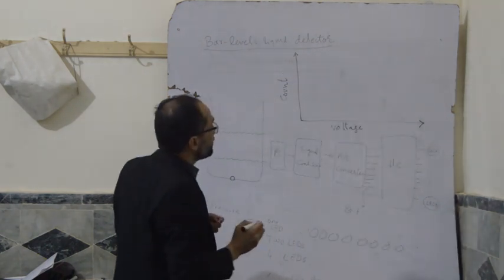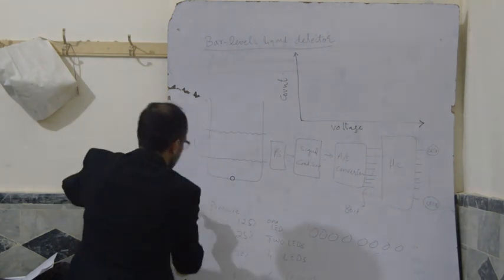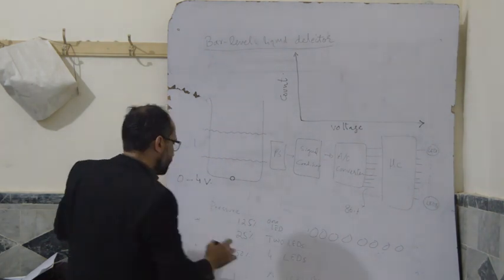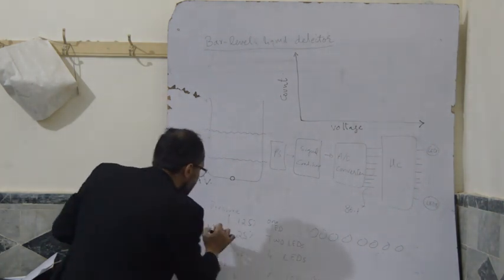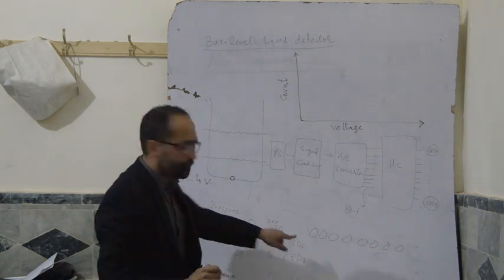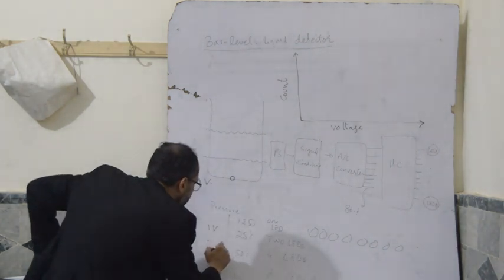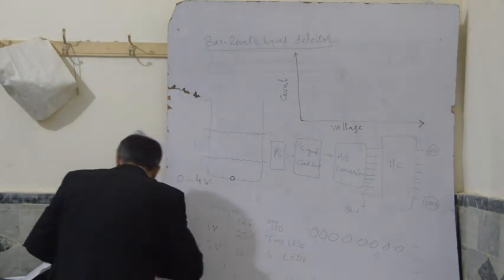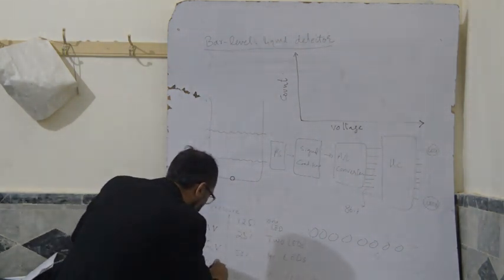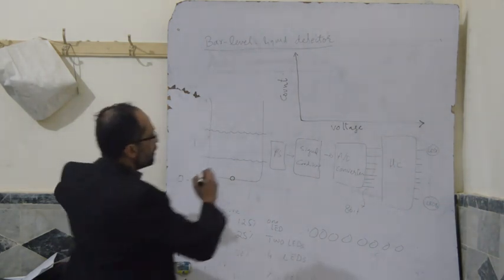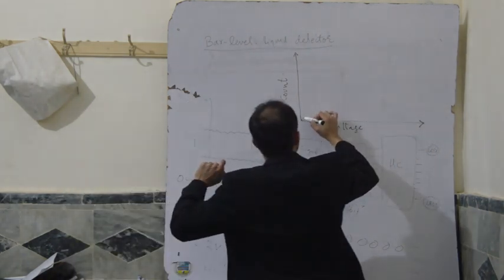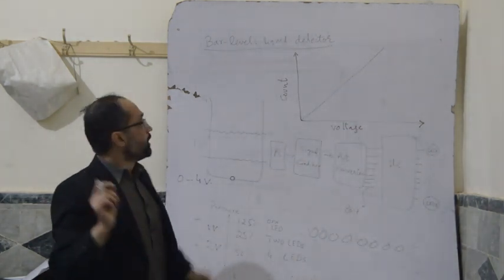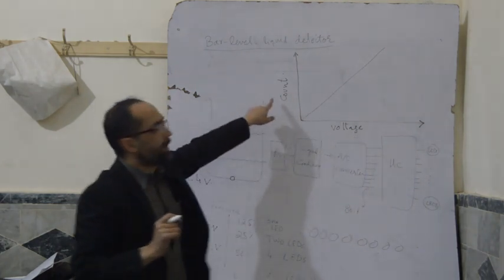Let's assume that the voltage ranges from 0 to 4 volt. So if it is 1 volt, this implies that it is quarter full. If it is 2 volt, it means that it is half full, and if it is 4 volt, it means that it is 100% full. So now this is a linear graph. We assume that the relationship is linear between the voltage and count.